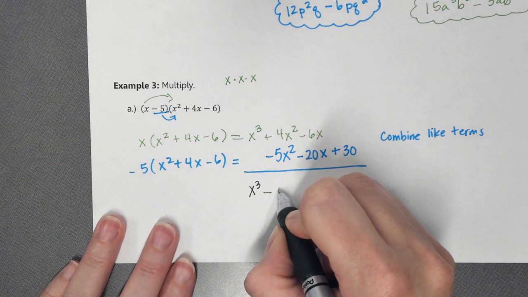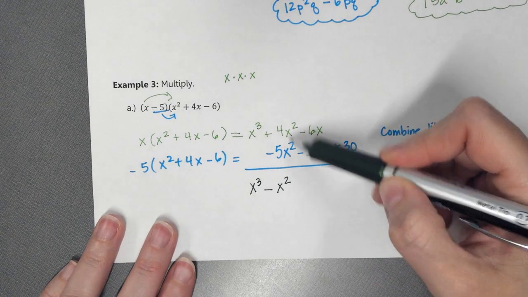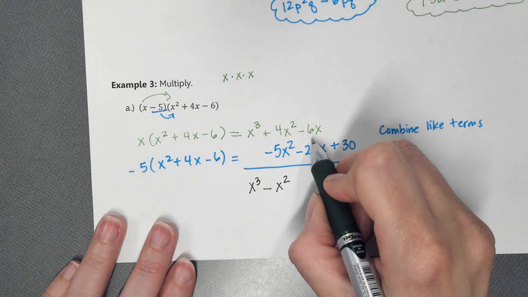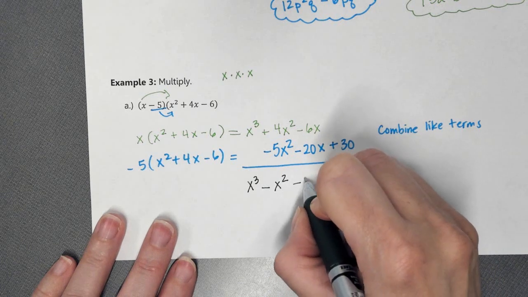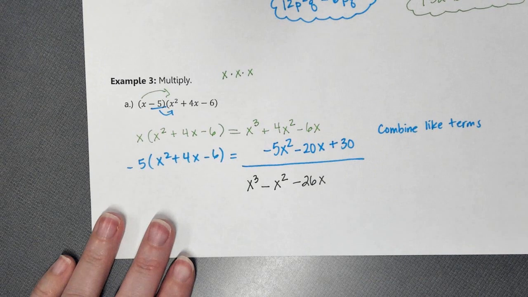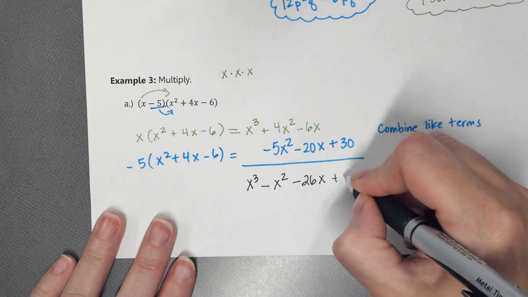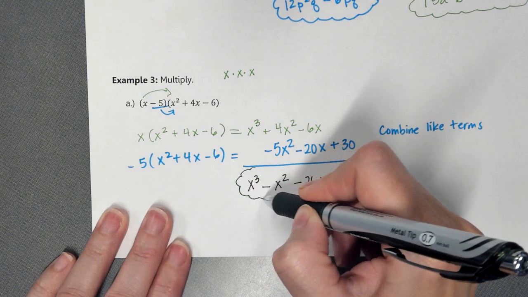So when you have negative 1, you can just make this a negative x squared. When you're adding or subtracting, these are going to stay the same. If you're down 6 and you subtract 20 more, it's a total loss of 26. You keep the x with it, and then nothing to combine the 30 with. Okay, so this is your final answer.